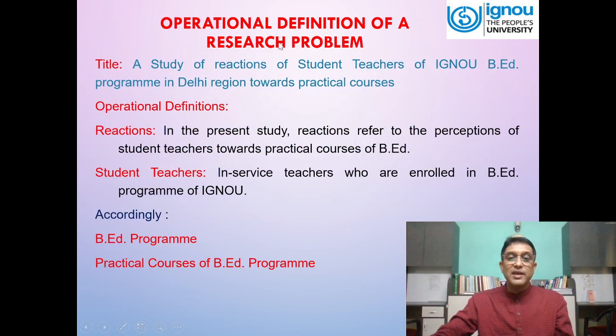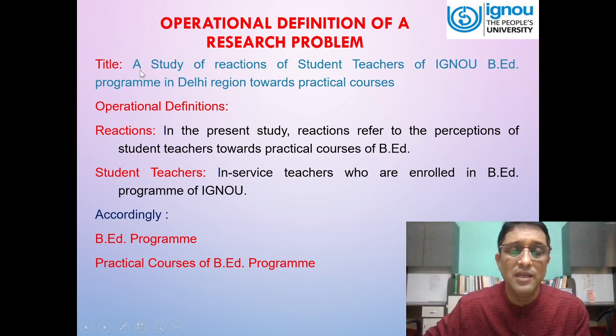And I have taken some examples here. Operational definition of a research problem. I have taken a title, a study of reaction of student teachers of IGNOU B.Ed program in Delhi region towards practical courses. In the operational definition, see that the term reaction I used needs an operational definition. Then student teacher I used. Then further B.Ed program, then practical courses of B.Ed program. These are certain terms that I was supposed to define.